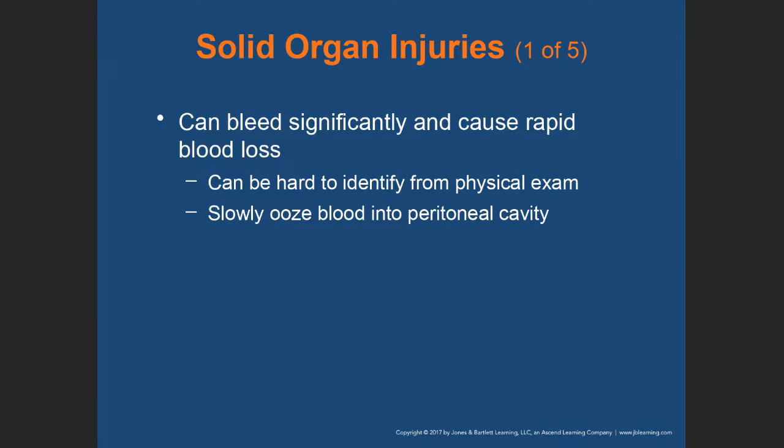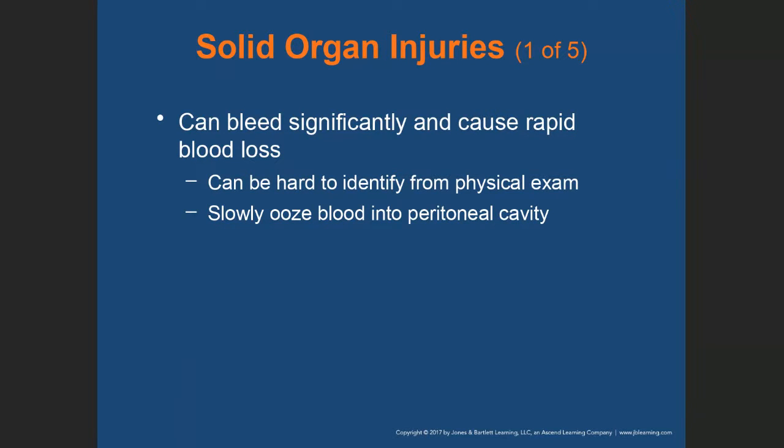Because the peritoneal cavity is so large in size, when bleeding starts to occur, it is not readily noticeable because the space is not filled as yet. But as soon as that space is filled and you can see signs of deformity, sorry, sign of a distended abdomen, it might be too late at that point.